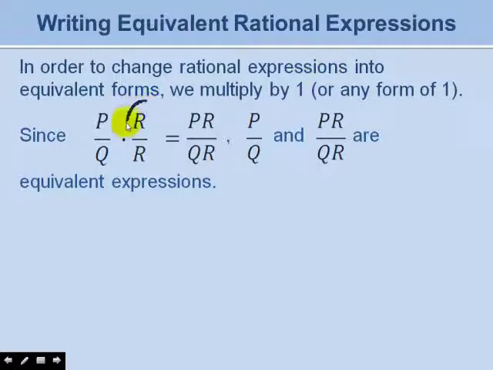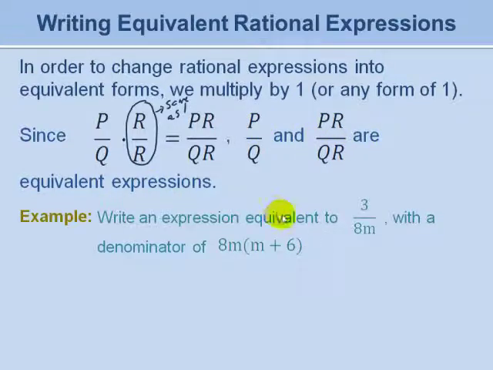So looking at this part right here, the r over the r is the same as 1. So when we're multiplying p over q by r over r, we're actually multiplying by 1, and that's why this gives us an equivalent expression. So that means that p over q and pr over qr are equivalent.